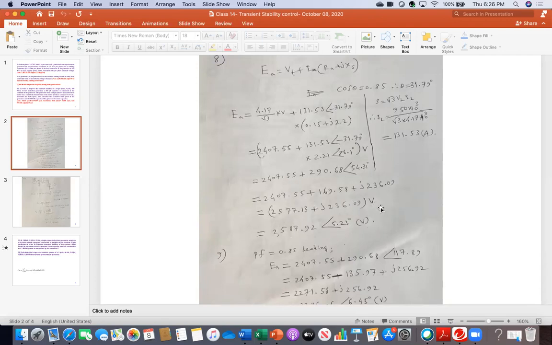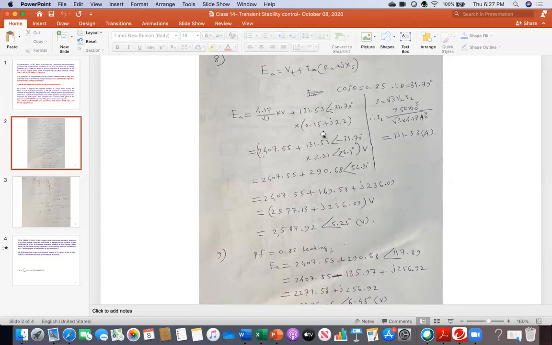V is equal to 4.17 over square root of 3, so I got 2.408 kilo. Yes, you see I have written that in the second line. So when I find I, I used 2.408, not 4.17. This is my mistake.